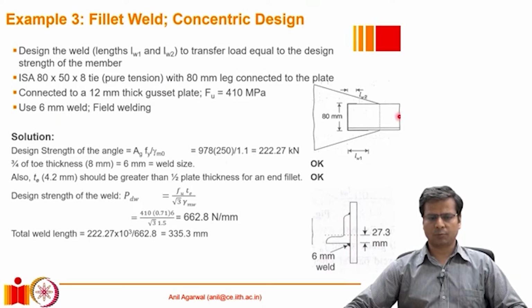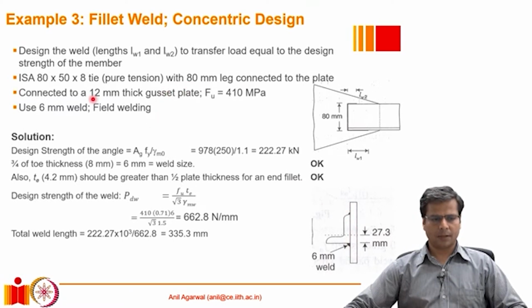The angle is subjected to pure tension. There are two legs: one leg is 80 millimeter wide, the other leg is 50 millimeter wide. The wider leg of the angle is connected to the gusset plate by using fillet welds on both faces.